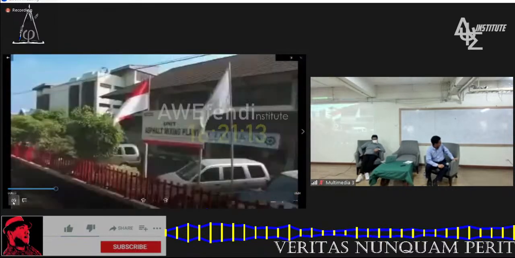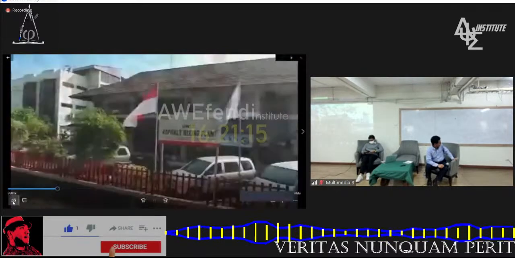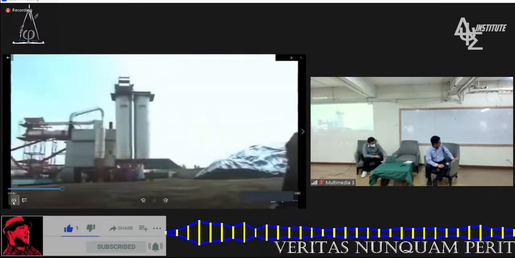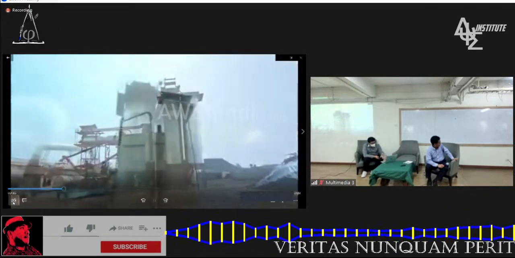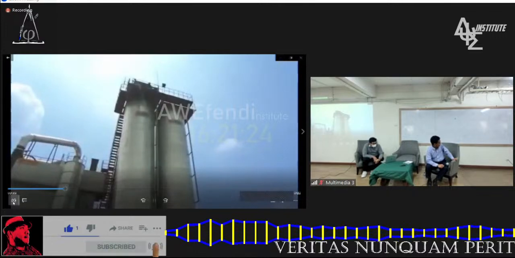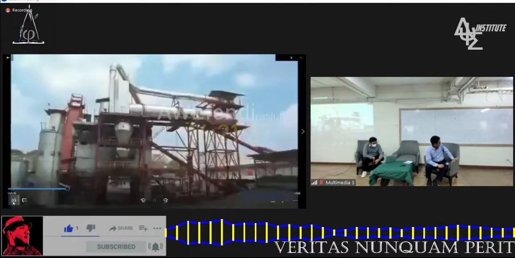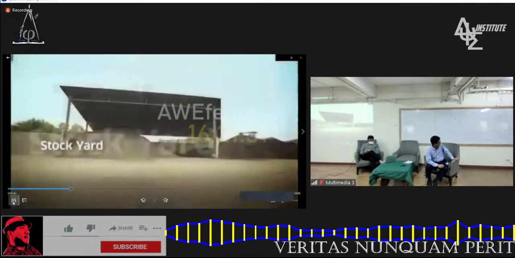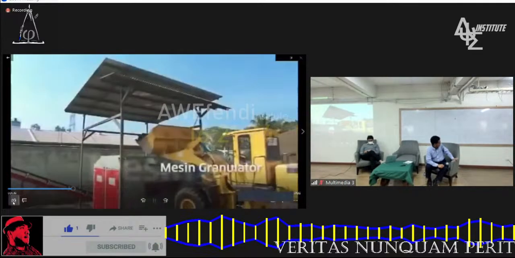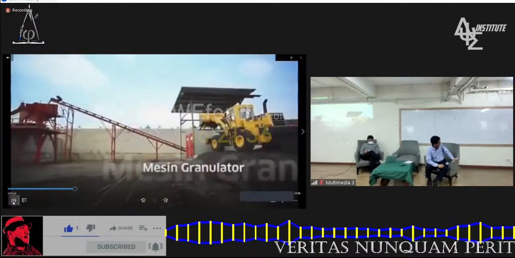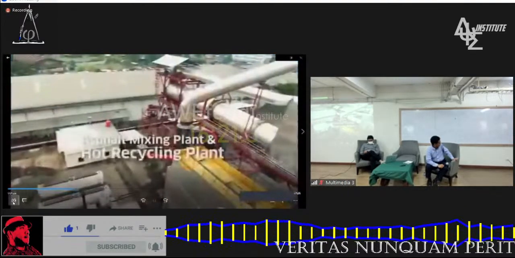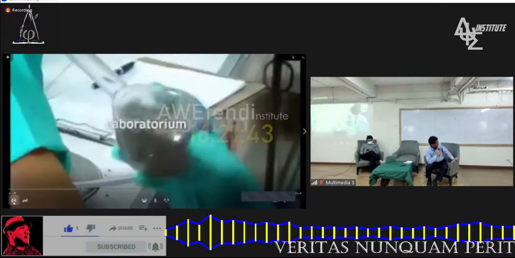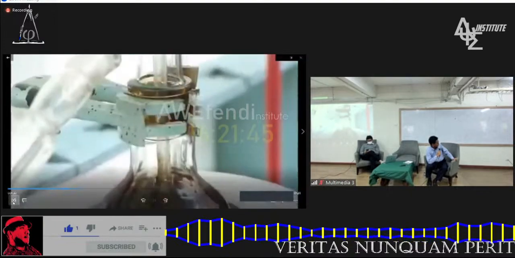PT Jaya Konstruksi Manggala Pratama Tbk sebagai anak usaha dari PT Pembangunan Jaya merupakan perusahaan pelopor di Indonesia yang pertama memiliki pengolahan daur ulang aspal dengan sistem hot recycling dengan lahan seluas 1,5 hektar dan didukung beberapa fasilitas, stok yard material, mesin granulator, asphalt mixing plant, hot recycling plant, dan laboratorium pengujian untuk menjamin mutu pelaksanaan secara konsisten.